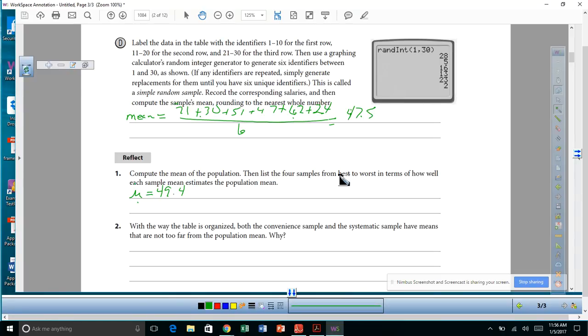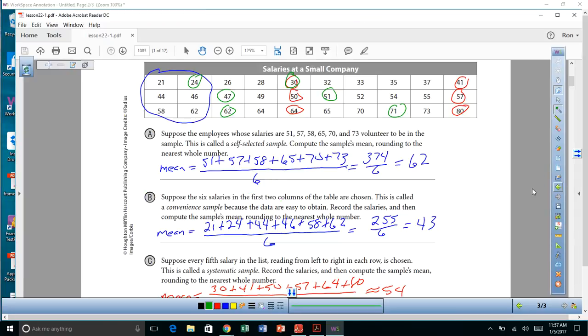Then list the 4 samples from best to worst and how well each sample mean estimates the population mean. So this is 47.5, and that was by simple random. Simple random came in close. And then let's see here, 43 and 54.